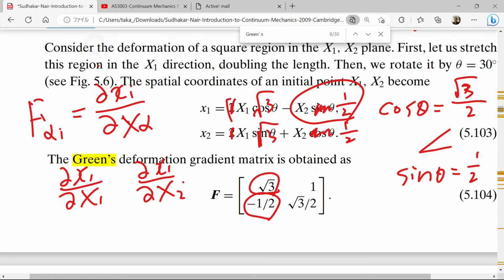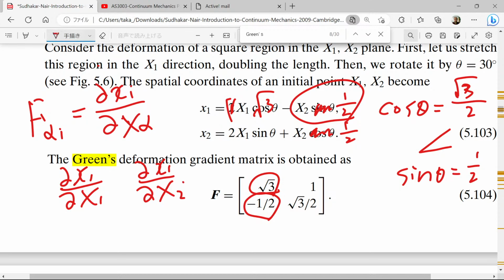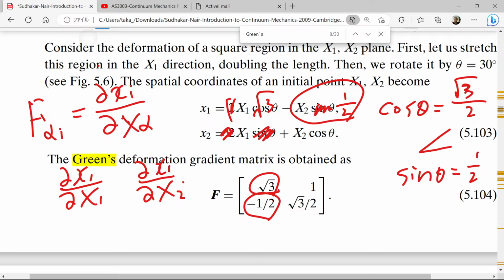Okay. So then I have found a mistake. This one is actually 1/2. And this guy is square root of 3/2.